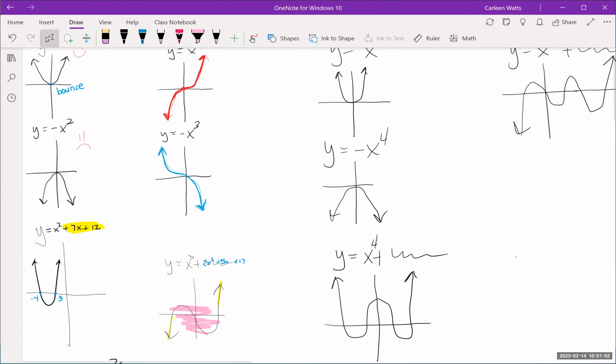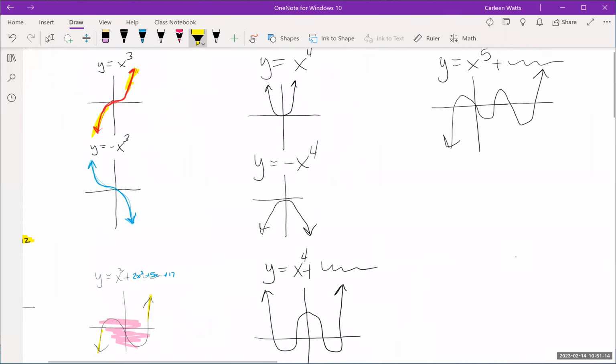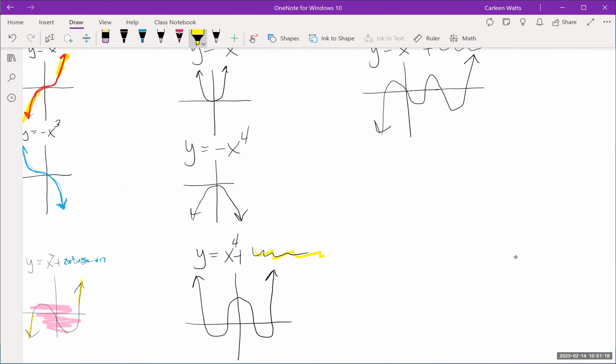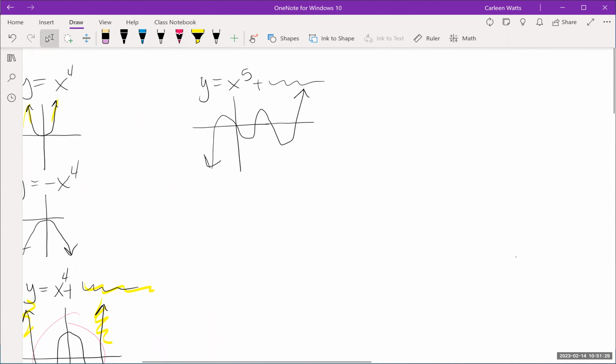The end behavior stays the same, the middle behavior changes. So, do you see what I'm trying to say? End behavior stays the same. Middle behavior changes. Okay, x to the 4th looks like this. If I add more, end behavior stays the same. Middle behavior changes. x to the 5th.